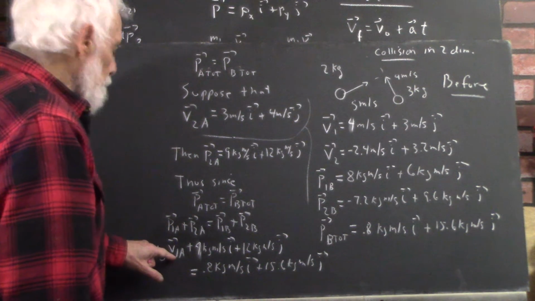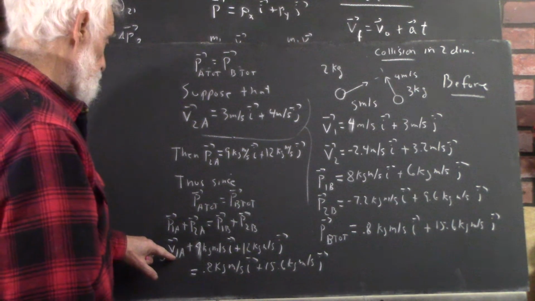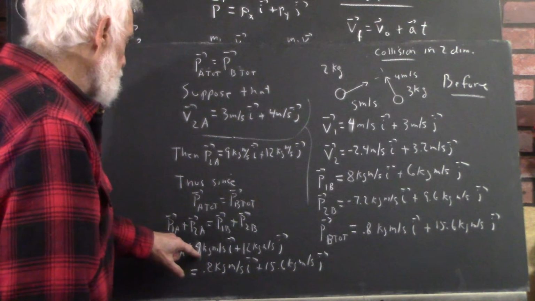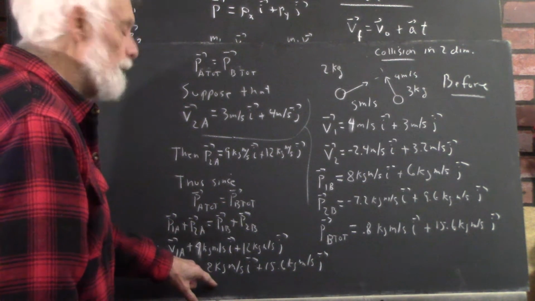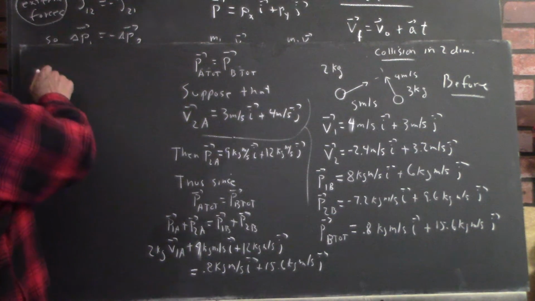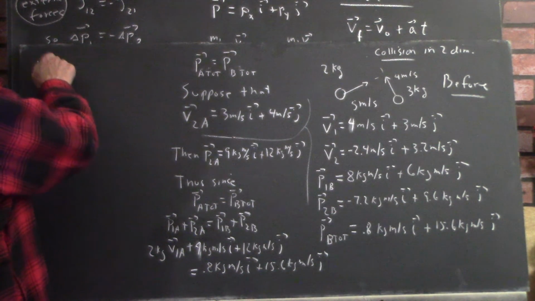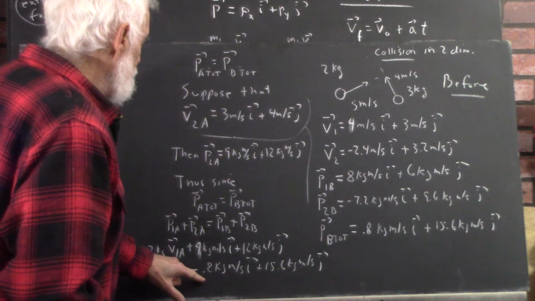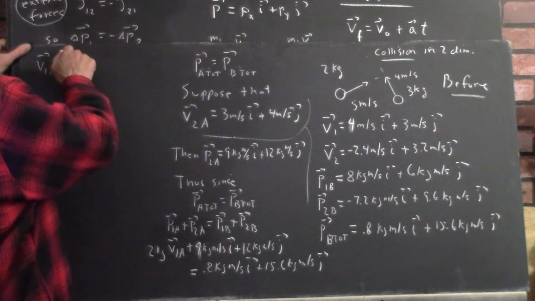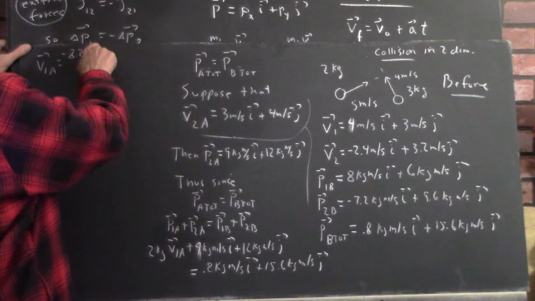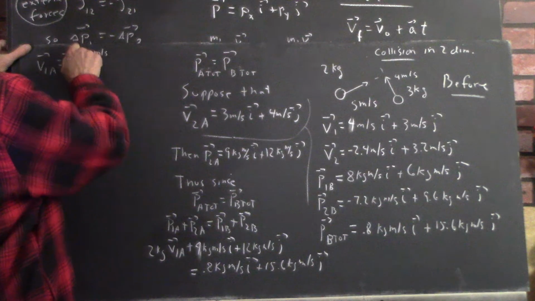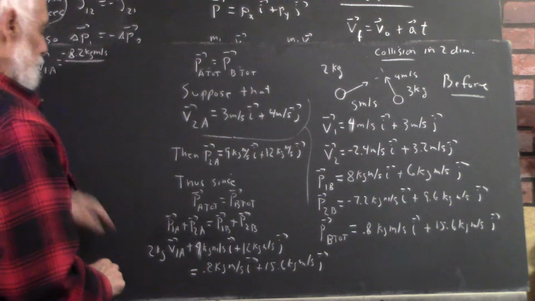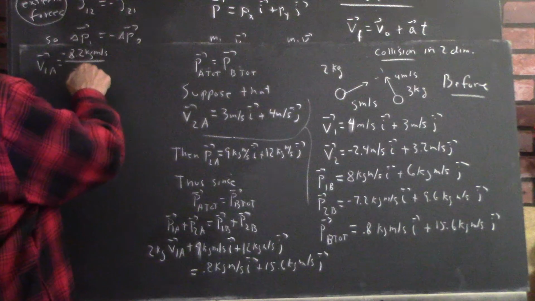Well, now we can simply solve for V1A. We can subtract the 9 kilogram meters per second I from the 0.8 kilogram meters per second I. And we get negative 8.2, I want to say 7.2, negative 8.2 kilogram meters per second. Then we've got to divide that by the 2 kilograms.